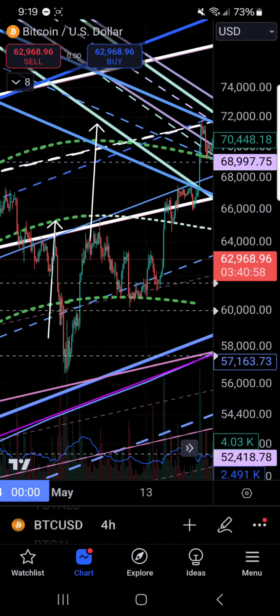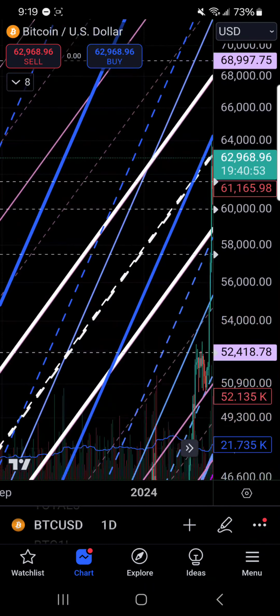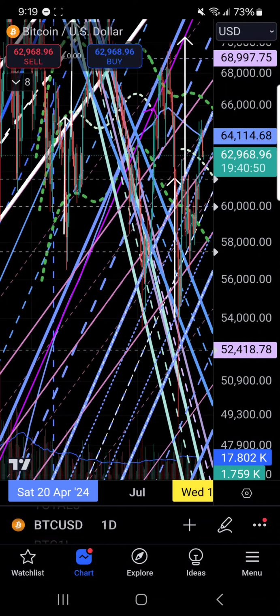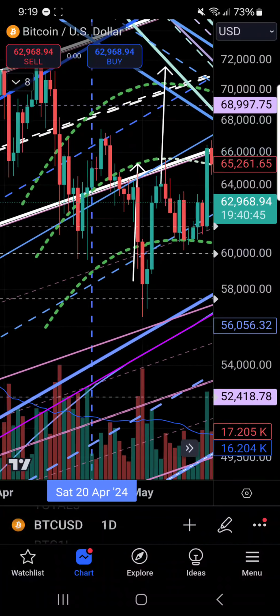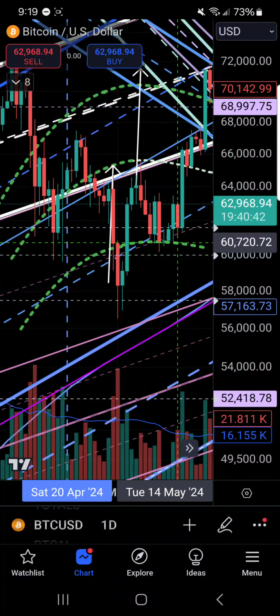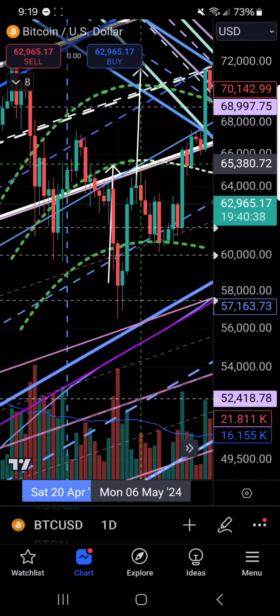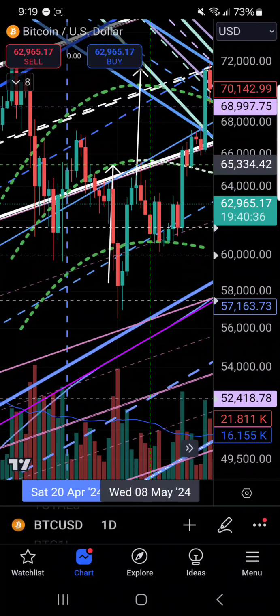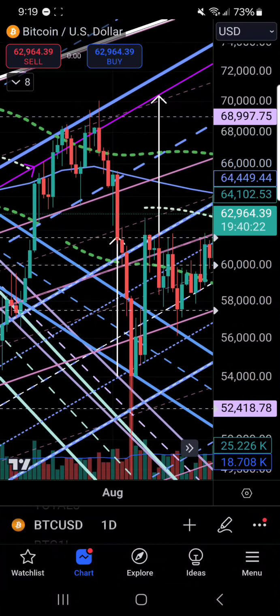It's not really clear when you go to the daily. Here is the top of our cup right there, and these two candle bodies came through it on the daily. It's not really as clear as it is over here.